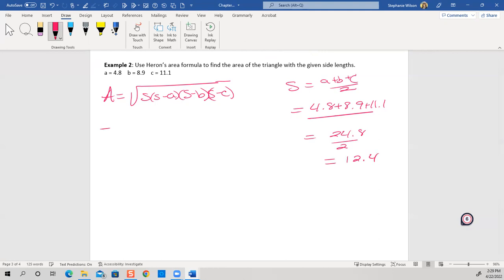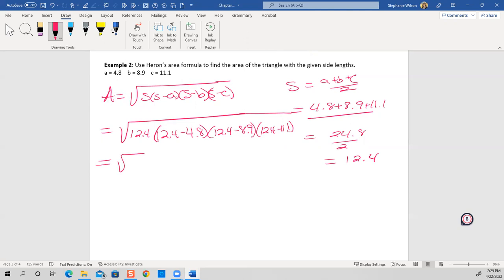Now I know S, so I'm going to plug in 12.4 everywhere S is. 12.4 minus a, times 12.4 minus b, times 12.4 minus c. All right. And now let's go ahead and clean it up. So I got 12.4 times 7.6 because I'm going to go ahead and subtract.